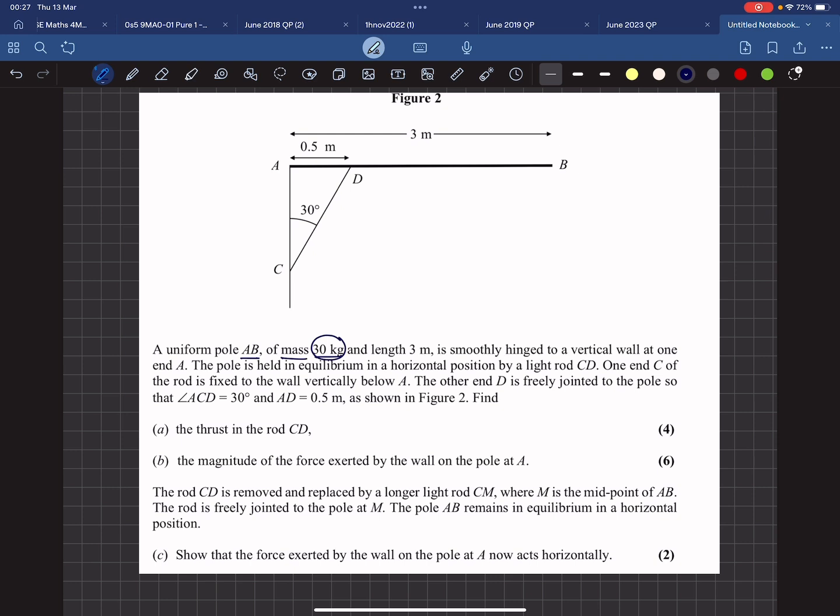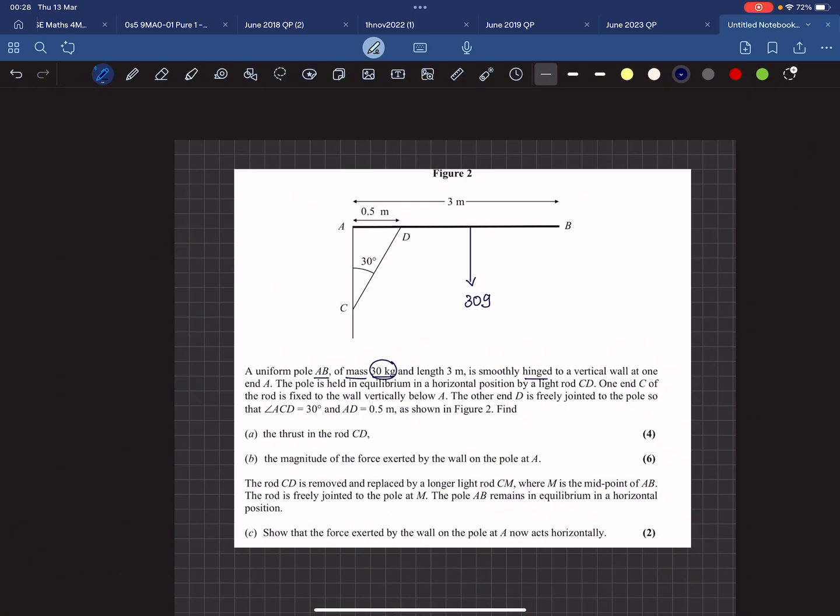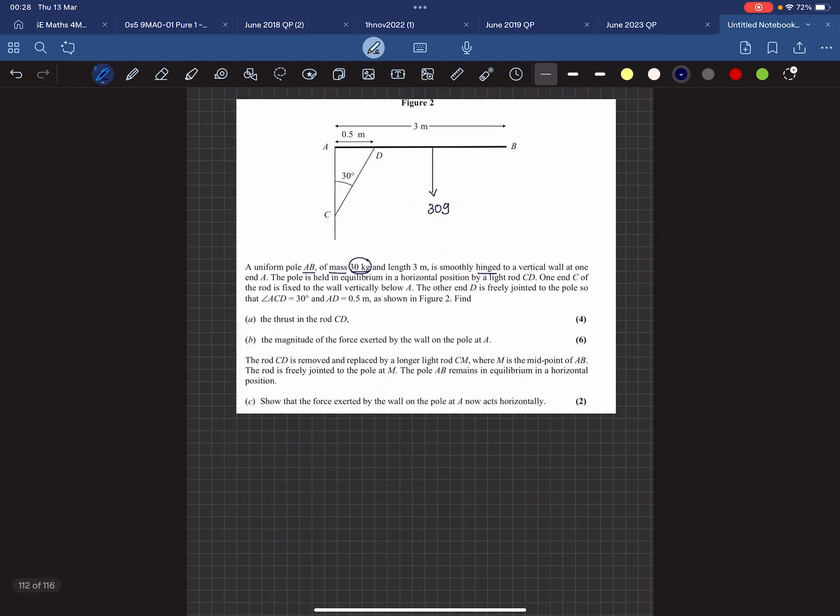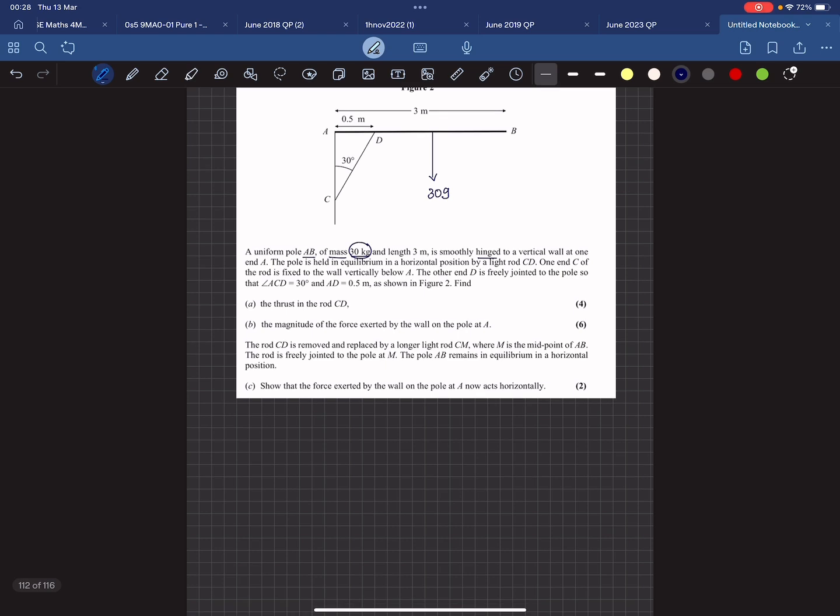For me to understand mass, to convert it to weight, I would do 30 times G, so 30G. And length is 3, is smoothly hinged. The word hinged is trying to say something. We'll go back to that in a minute. To a vertical wall at one end A.